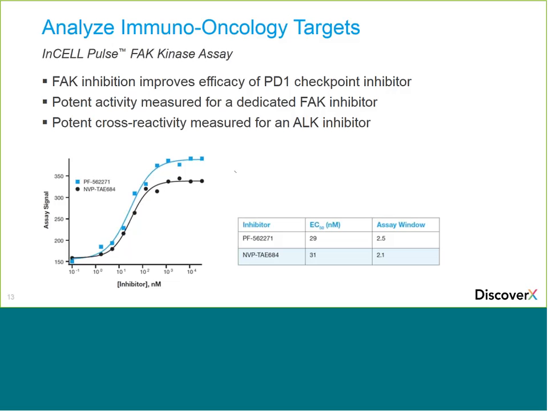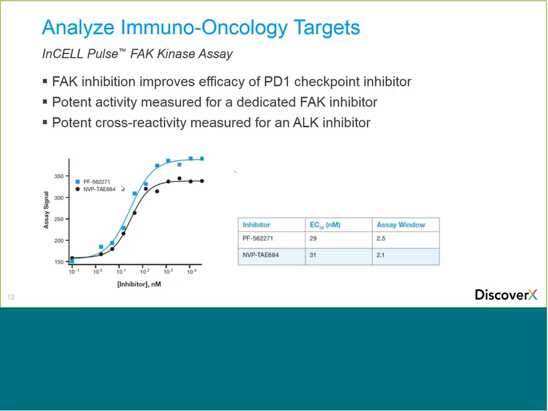So I decided to go after this one in an InCELL Pulse assay, and so we measured KDs for 2 very different compounds. One compound from Pfizer, the PF562271, was developed as a dedicated FAC inhibitor, and of course we measure very nice, sub 30 nanomolar potency for this compound.